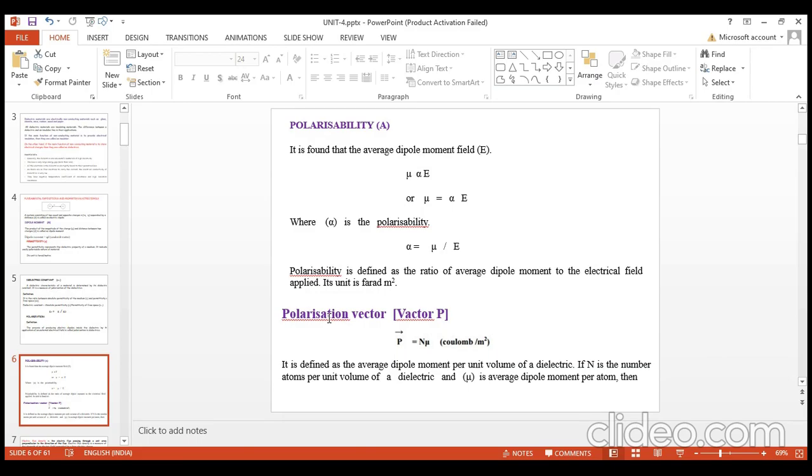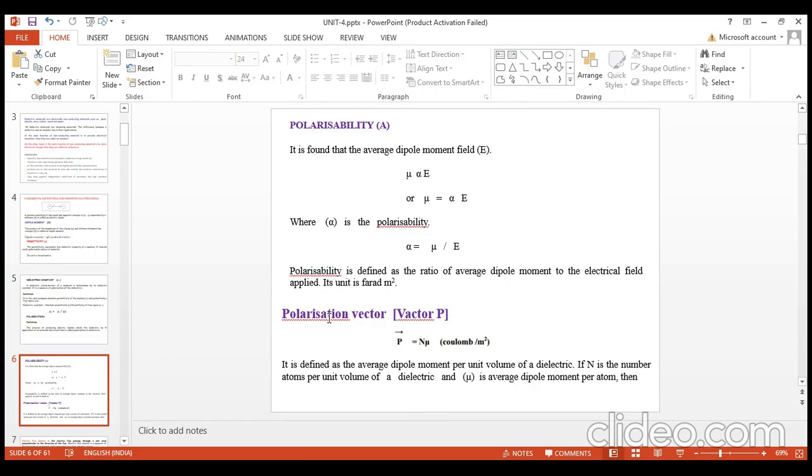Again, we are going to discuss polarizability. It is found that the average dipole moment mu is directly proportional to the applied electric field. Mu is nothing but the dipole moment. The dipole moment is directly proportional to the applied external electric field.